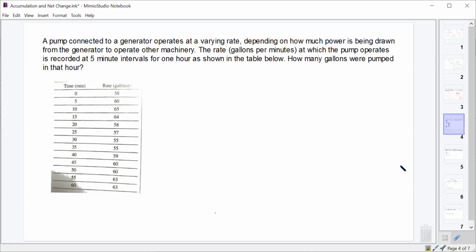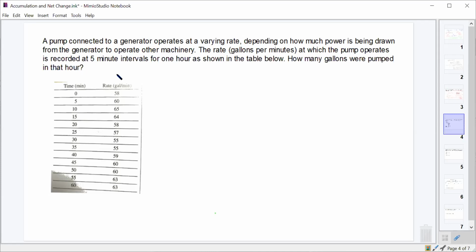All right. So we got a pump that is connected to a generator, and it's pumping, I don't know, pumping water, does it say here? I don't know. Pumping something in gallons per minute. And so we've recorded exactly the rate at 5-minute intervals for an hour. And we want to know how many gallons were pumped in that hour.